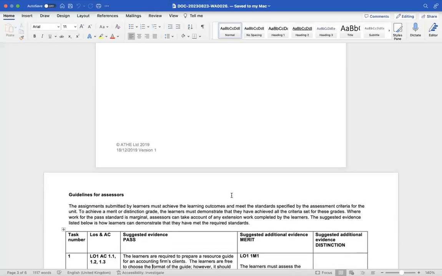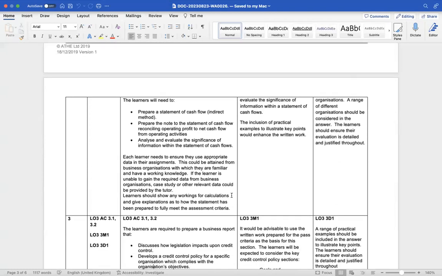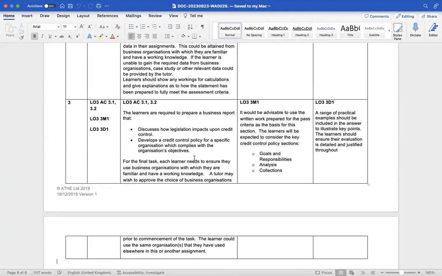So let's check task 3 here. To pass, learners are required to prepare a business report that discusses new legislation impact upon credit control, and develop a credit control policy of a specific organization which complies with the organization's objectives.